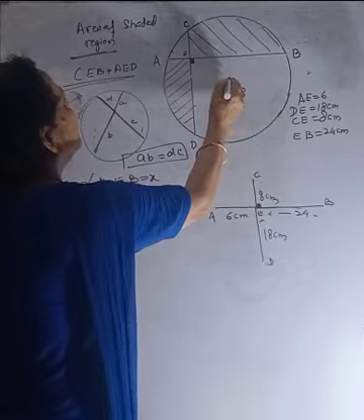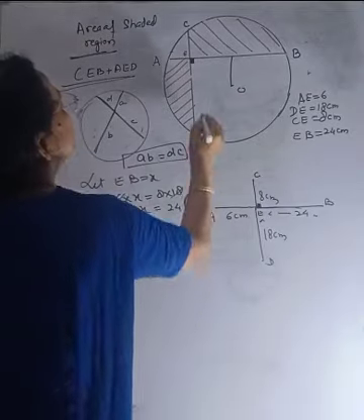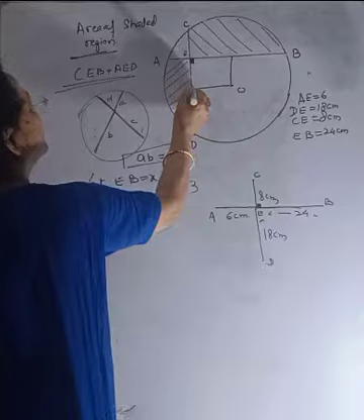It means if we drop the perpendicular from here, this perpendicular, and this is also perpendicular.